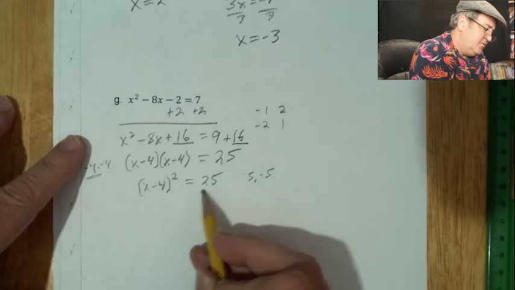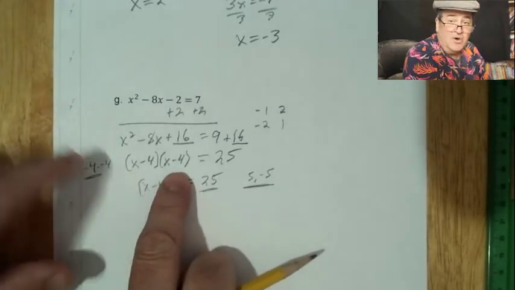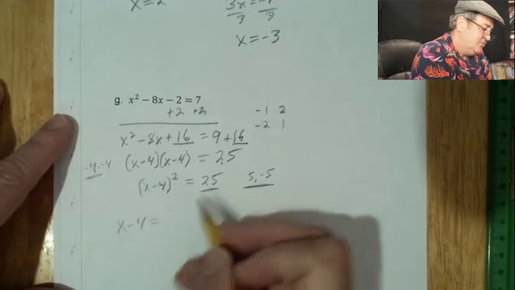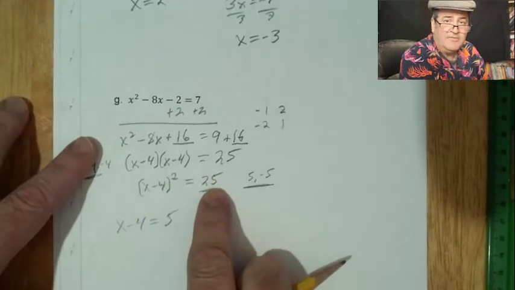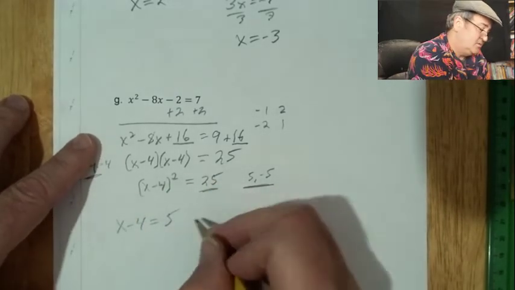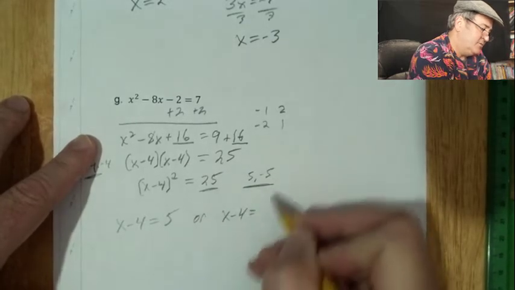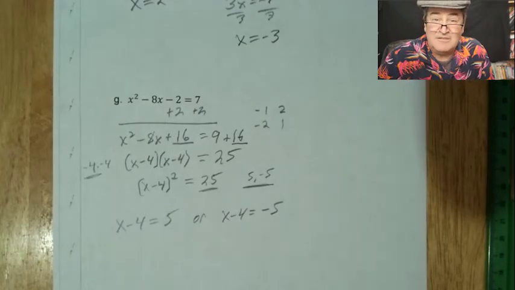So since we know this could be either one of these, this is the same factor twice. X minus 4 has to equal 5, right? Because if we take that and we square it, it's going to equal 25. Or x minus 4 equals the other option, which is -5, right?